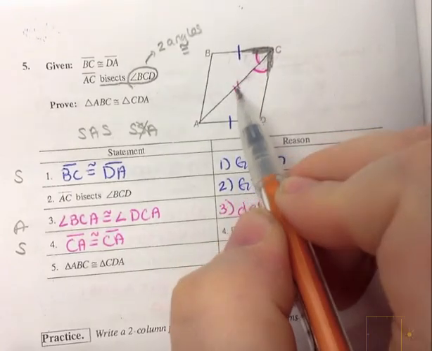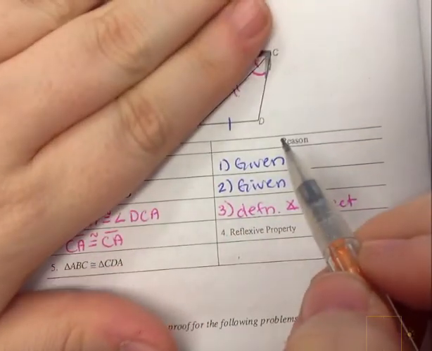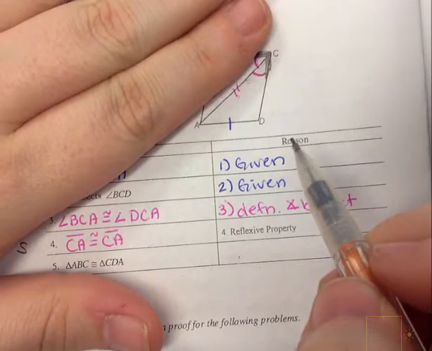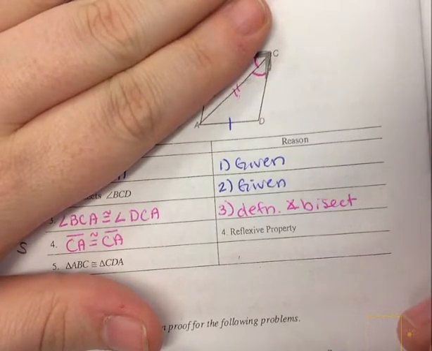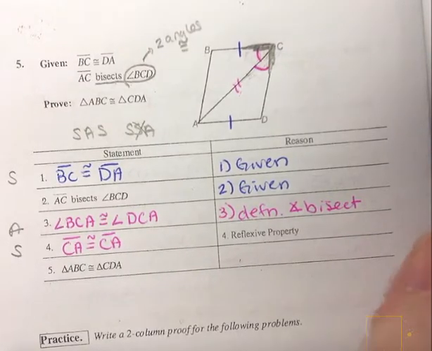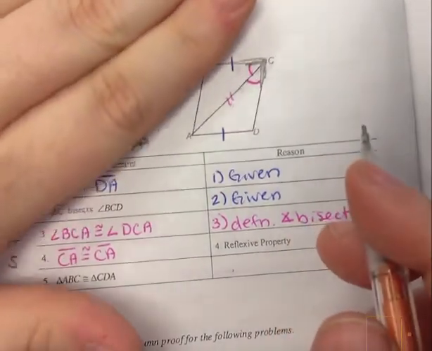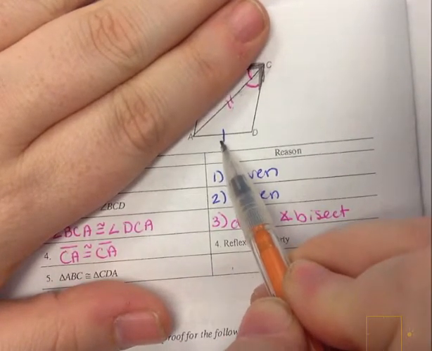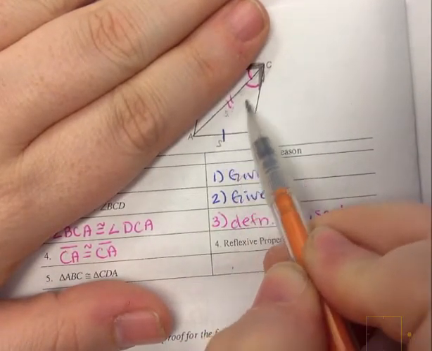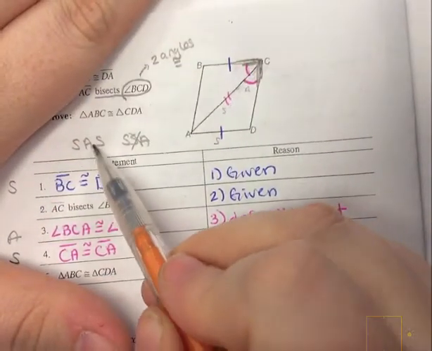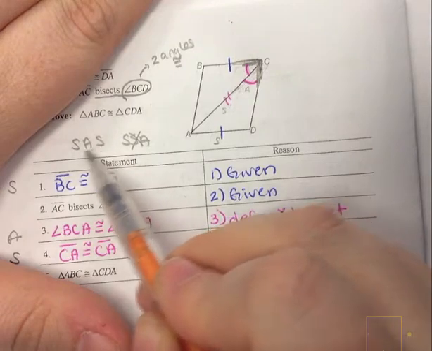I have 2 sides. So I'm going to cover up one of my tick marks. And we'll end up having S, here's a side, and here's your angle. Now, we need the angle to be in the middle of our 2 sides.